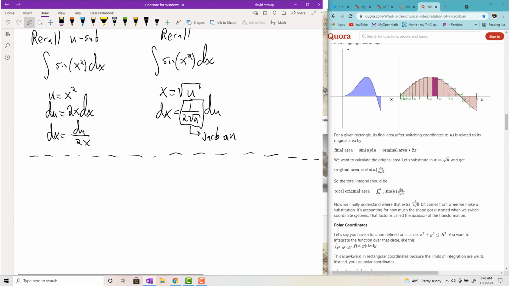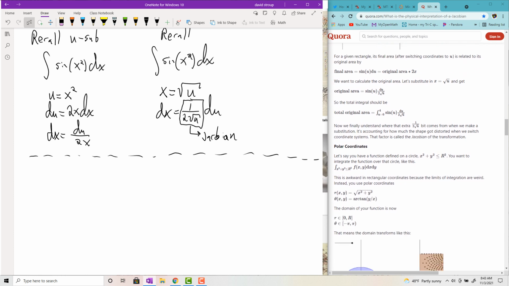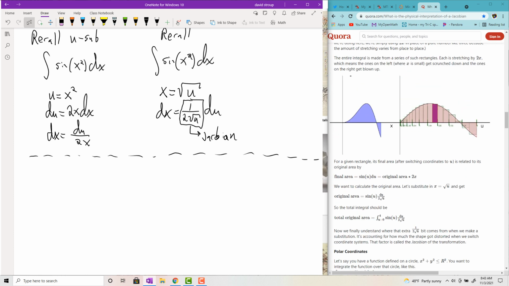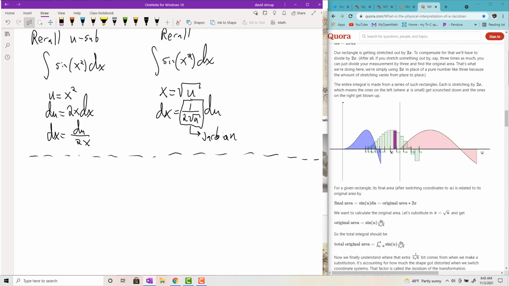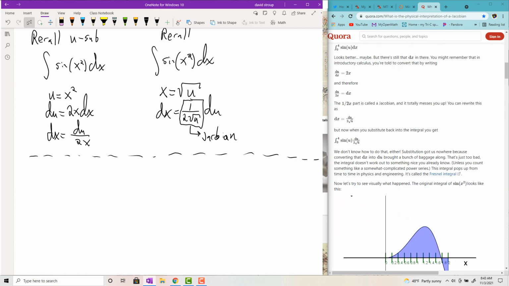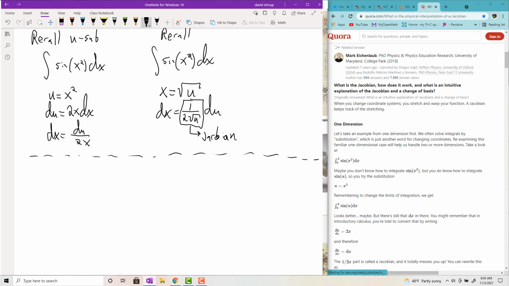Now we're going to be warping an area instead of just an interval on the number line, right? So now we have a more complicated situation, and let's take a look at that.